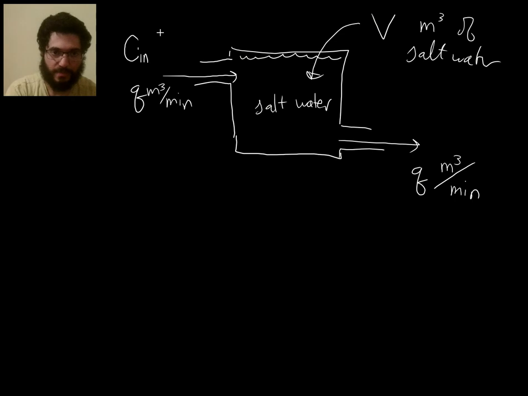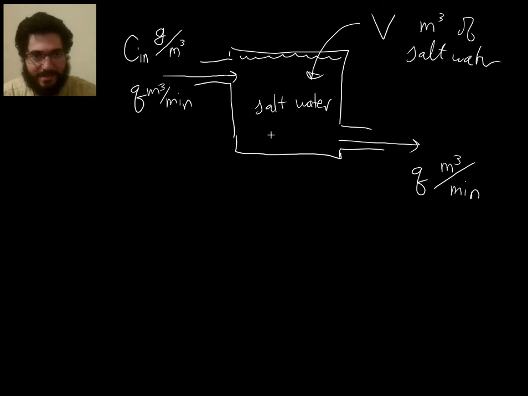I guess mass of salt, so grams, per volume of water, so per cubic meter. So how many grams of salt there are in a cubic meter. I don't know if kilograms is a more reasonable unit. I don't really have a sense for how much these would be, but let's say here's the setup.